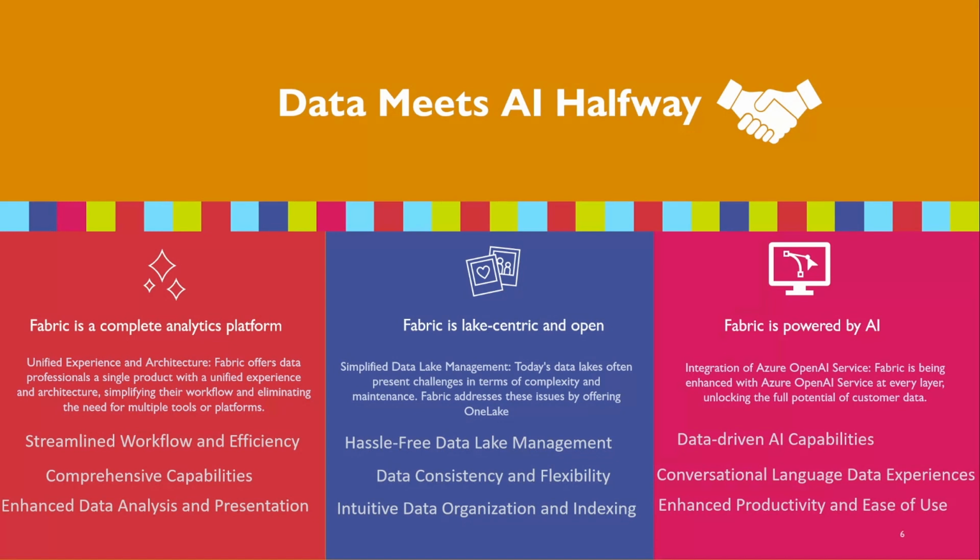Lastly, Fabric is AI powered. Okay, so this is where things like Copilot come into play within the Fabric. As you also know today, Microsoft is rolling out a lot of features around generative AI on the existing Power BI tool. So that comes in handy within the Fabric.